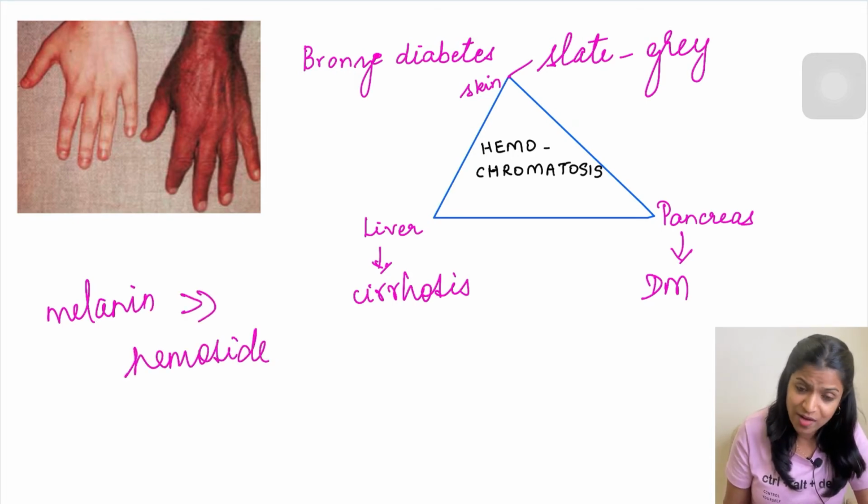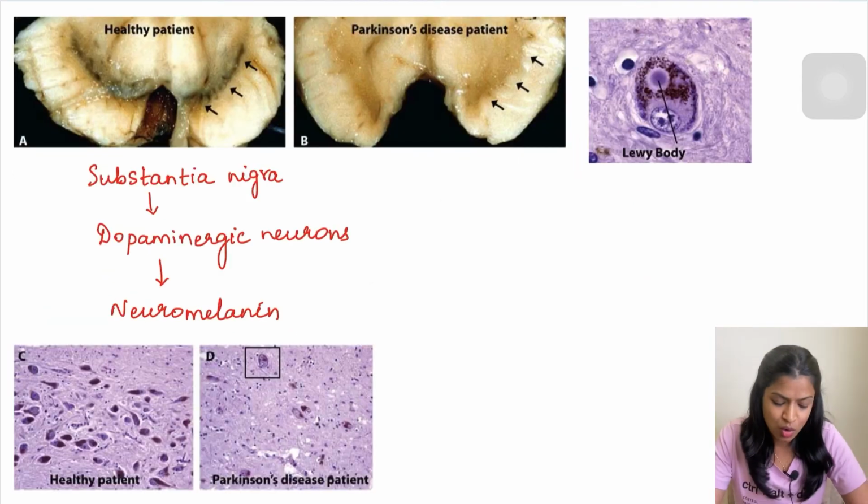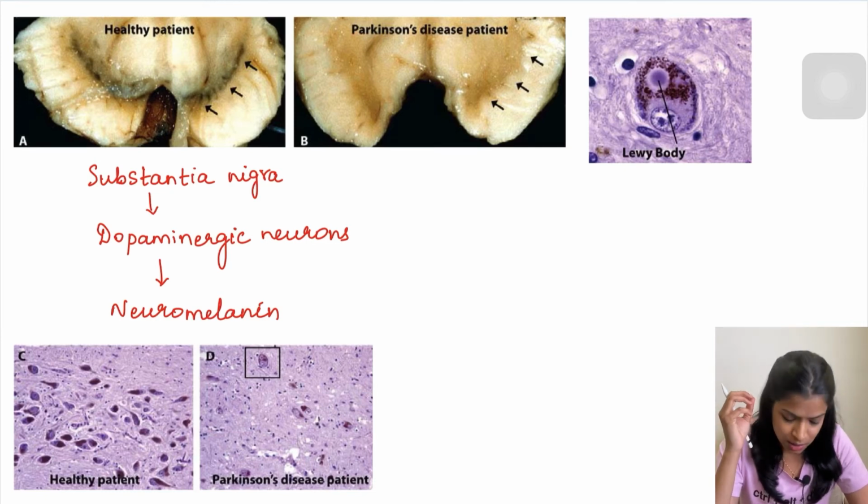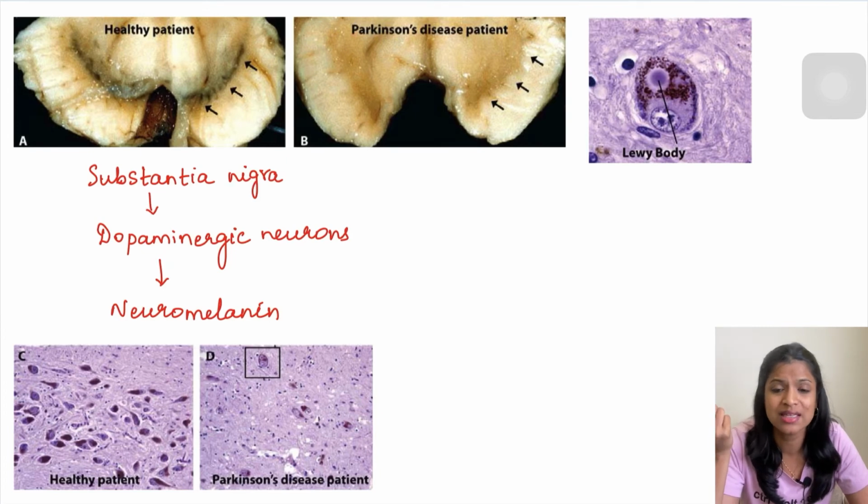Always remember it is melanin more than hemosiderin. So in the options, if you have melanin, the first thing you will have to take will be melanin pigment. Another example wherein melanin is present normally is in the basal ganglia. In the basal ganglia of the brain, there are dopaminergic neurons. Substantia nigra is the basal ganglia part wherein dopaminergic neurons are present, and these dopaminergic neurons are black in color because they contain something called neuromelanin.